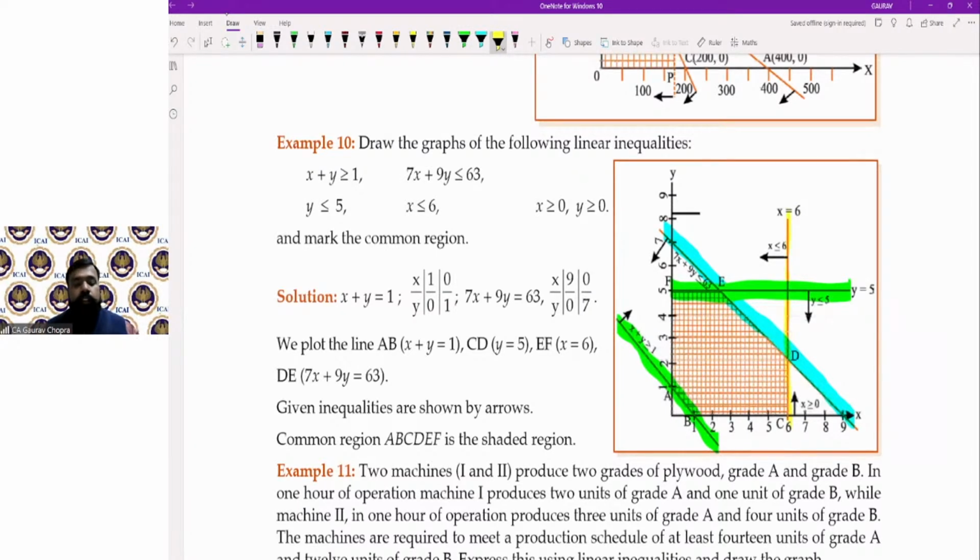Now from all these, we can see that only one thing is greater than and all three are less than. So this portion is greater than, outside area, and all others are inside, inside and inside. So this becomes the common region. So this is the common area. All right.